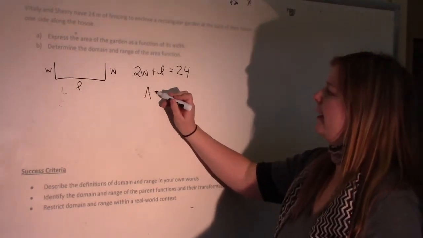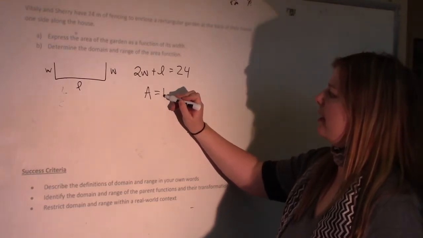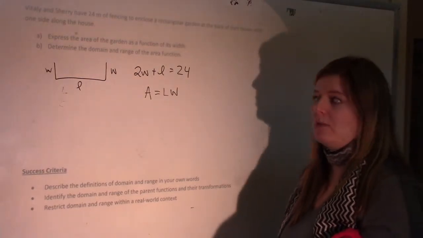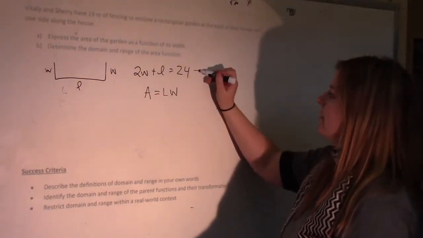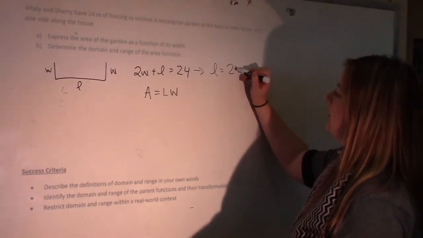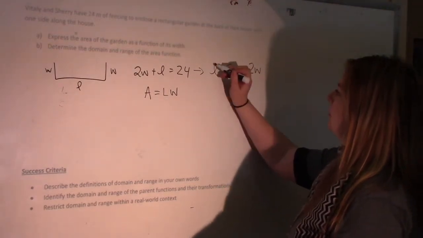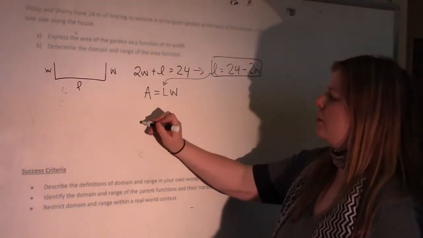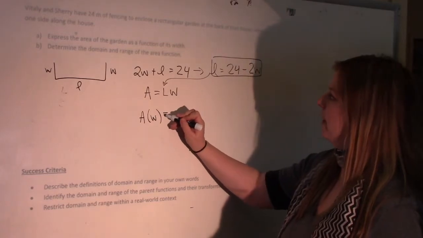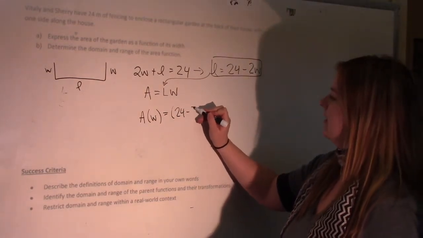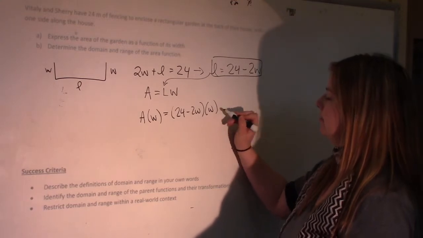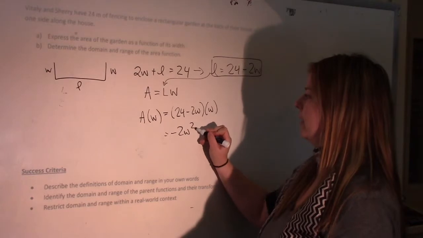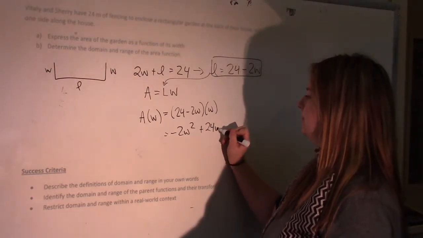So we want area to be something, not just length times width, but we want the length to also be only having a w in it. So we have to take this and rearrange it. So L is equal to 24 minus 2w. So I can just take that and sub it in for the L. So now my area as a function of width is 24 minus 2w times w. Okay? And this can be rewritten as minus 2w squared plus 24w.